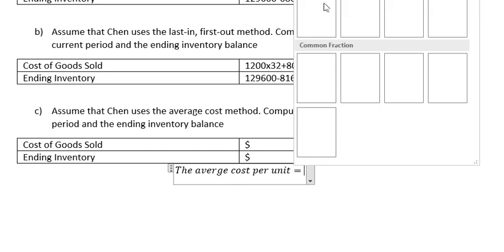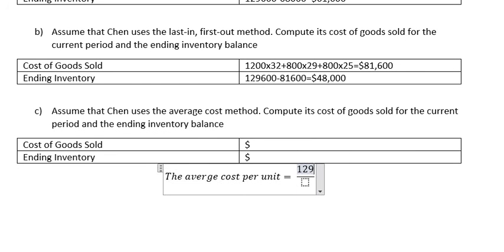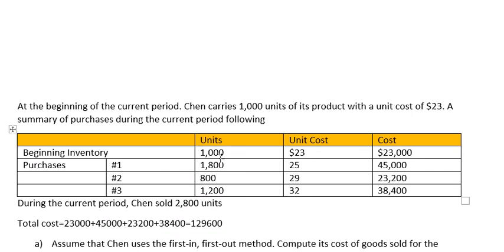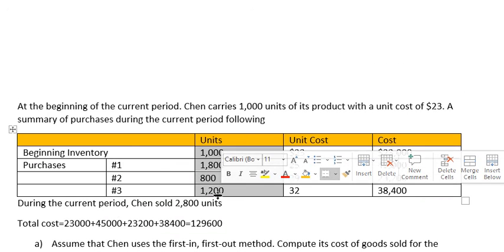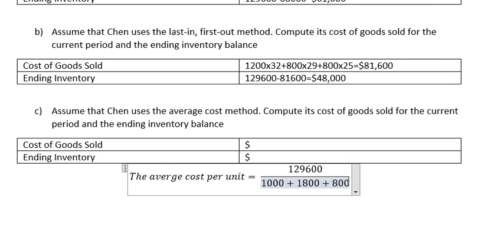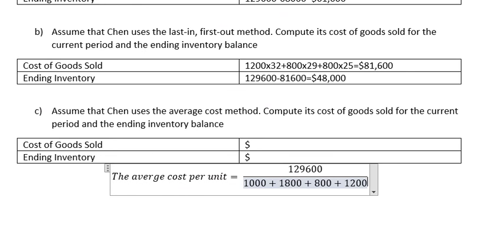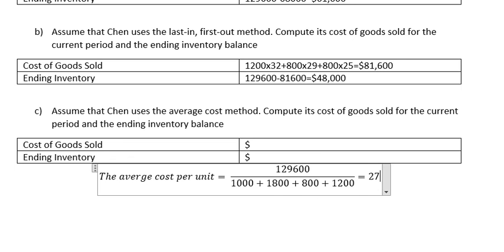So we have the total cost in here and we divide by the total units, so we sum all 4 numbers in here. We calculate this one and we have 27 US dollars per unit.